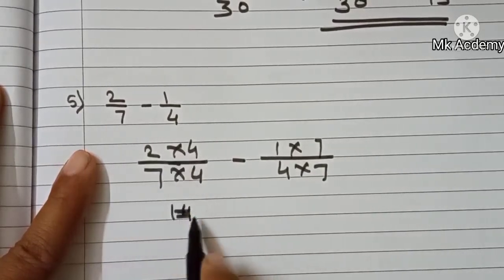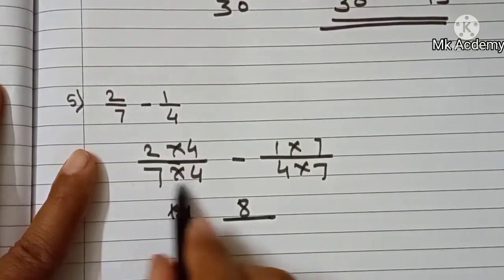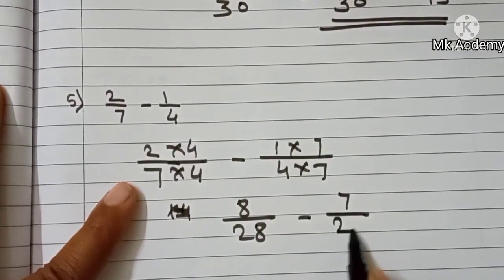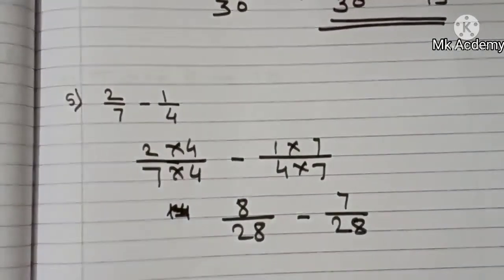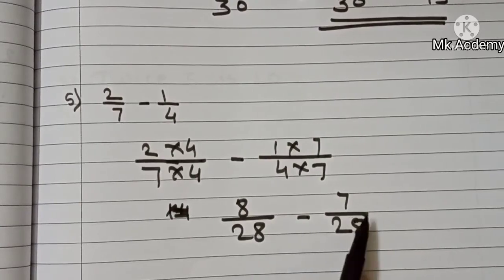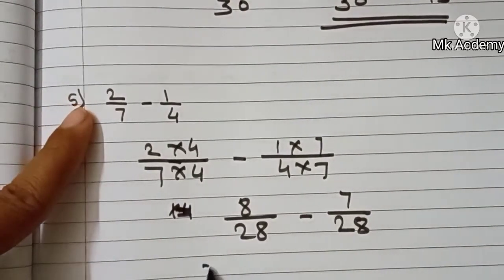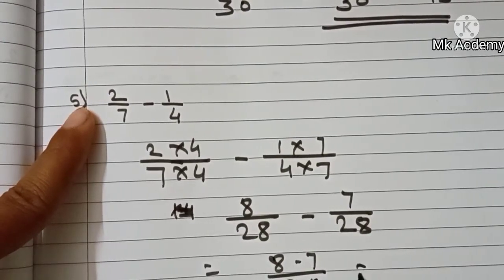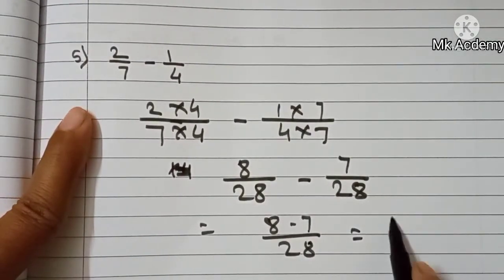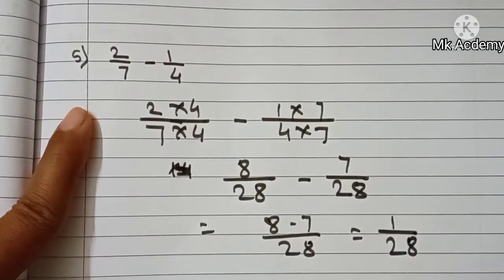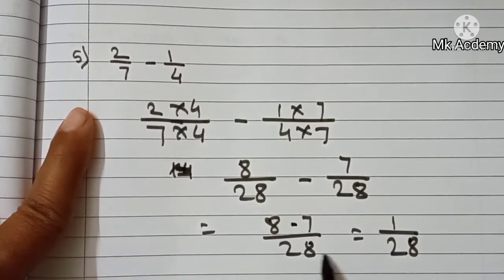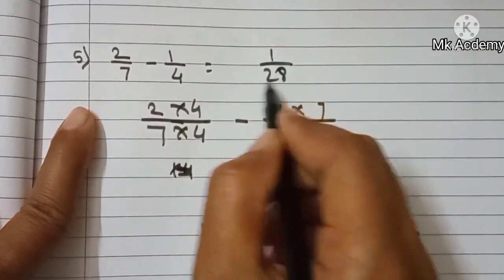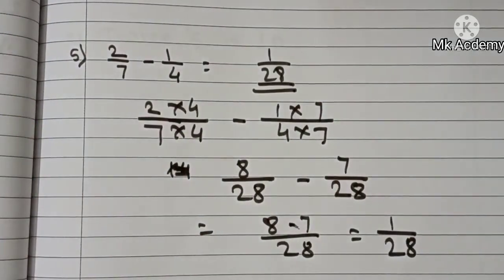Sorry, 2 fours are 8, 7 fours are 28, minus 7 upon 28. 8 upon 28 minus 7 upon 28 is equal to 8 minus 7 upon 28, which is equal to 1 upon 28. Understood? 8 minus 7, 1 upon 28. So the answer is 1 upon 28.